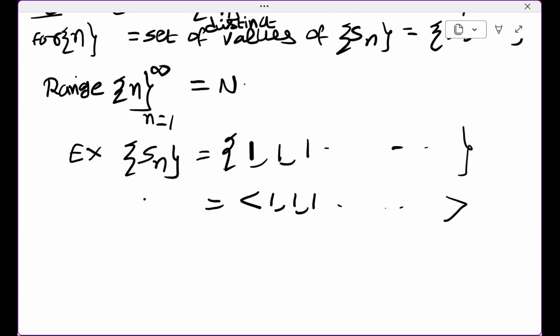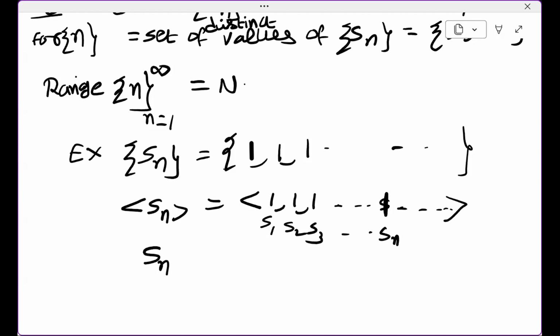Generally we use the flower bracket for a set, so let us denote the sequence like this to avoid confusion between a set and a sequence. Here you can see this is your S1, S2, S3. The nth term is also Sn, that is also 1 only, and so on up to infinity. For n equal to 1, n equal to 2, n equal to 3, the nth term of the sequence here is 1 for all n. This is what is called the nth term of the sequence.